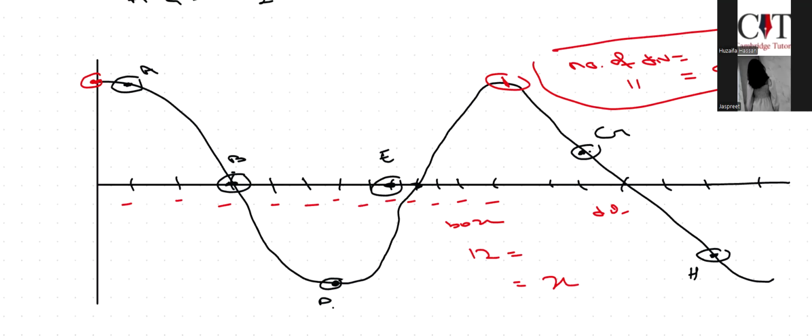So the number of divisions is equal to 360. We have to find how many divisions are equal to 360 degrees, or one complete wave, and then you can find it for any 2 points.